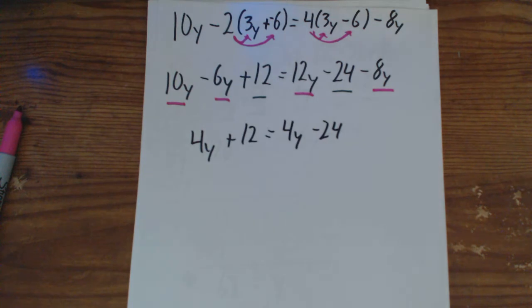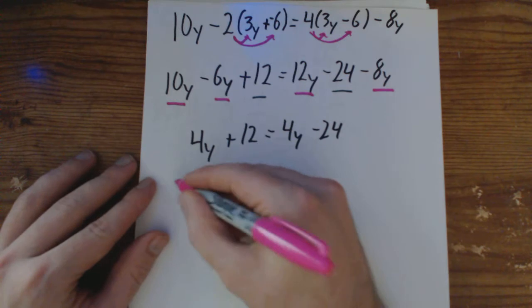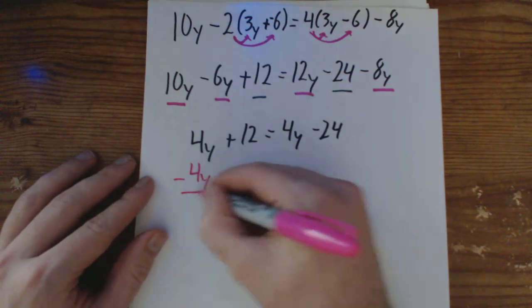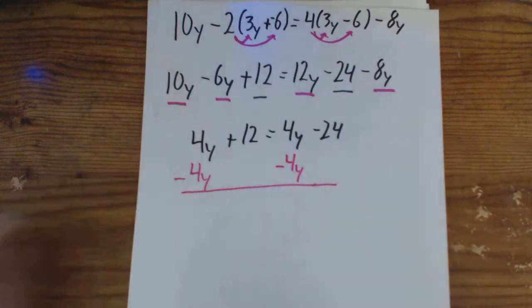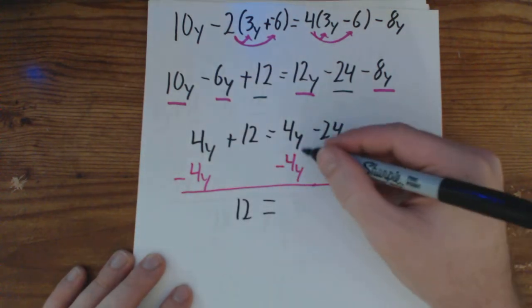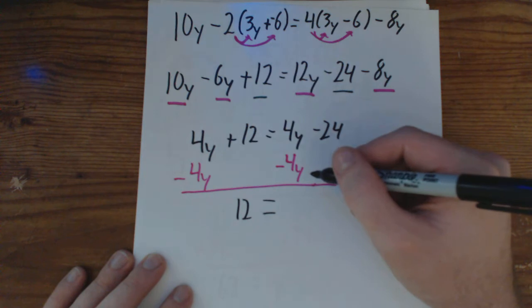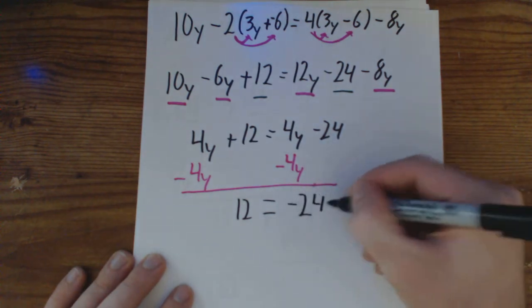Now, again, the way to solve these is to get the variable by itself. So I'm going to subtract 4y from this side. That's going to get rid of it, right? I'm going to have to do the same thing over here. 4y minus 4y, all I have left on that side of the equation is 12. 4y minus 4y is 0. All I have left over here is negative 24.